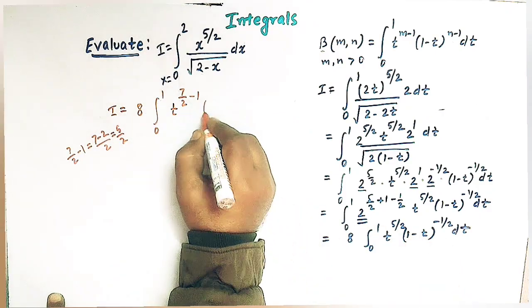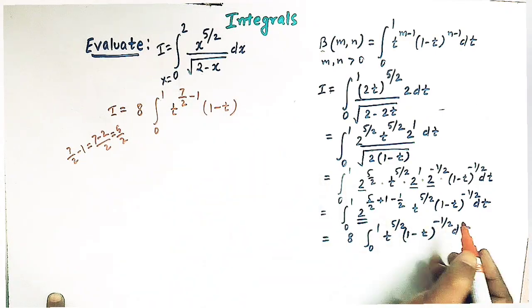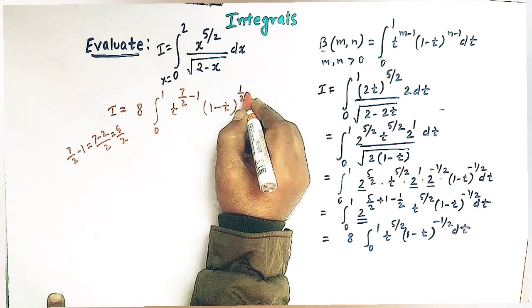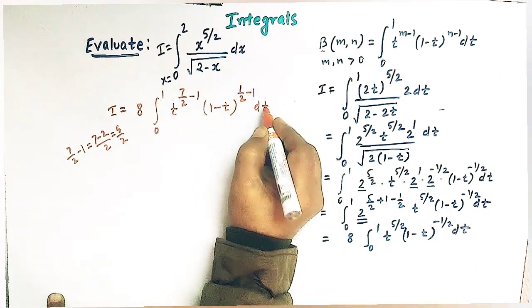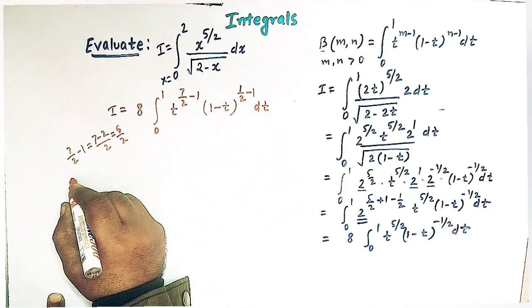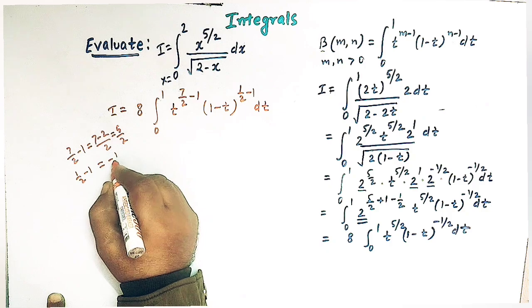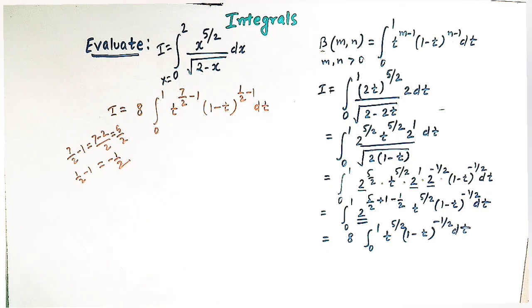And here we have (1 minus t) raised to minus half, and minus half can be written as half minus 1, and here we have dt, because half minus 1 is equal to minus half, right?